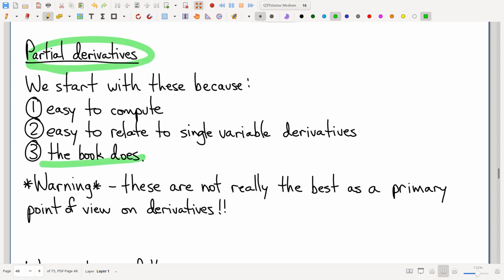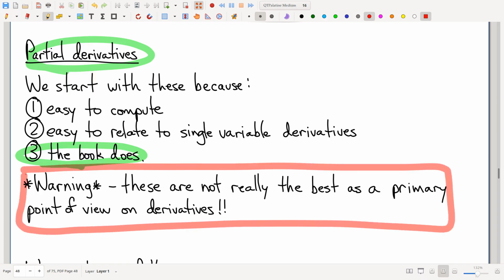Mostly because the book does. If it was 100% up to me, I would not start with partial derivatives. I think there's a downside to starting with partial derivatives. The downside is this warning right here. When you leave this class, I really, really hope that you do not leave under the delusion that partial derivatives are the most fundamental point of view on derivatives.